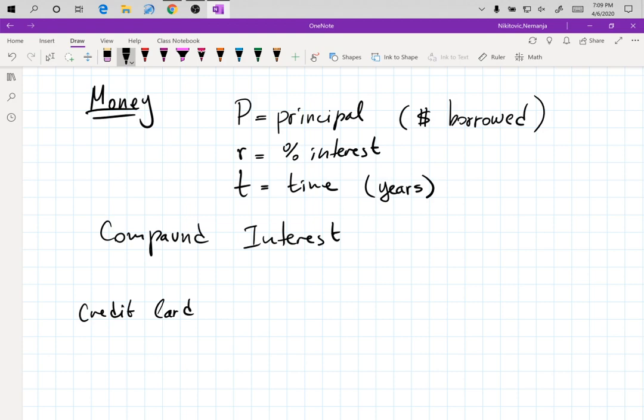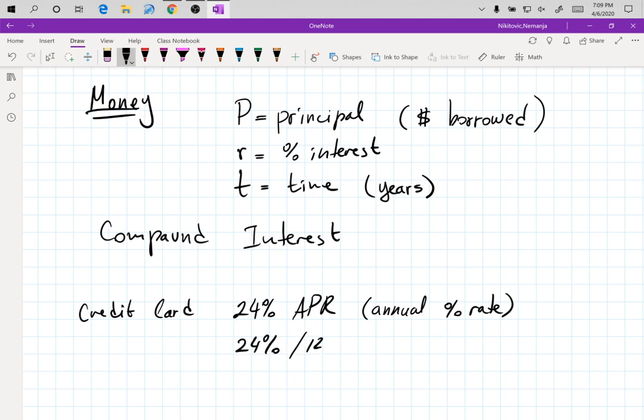Basic credit cards for people that have a somewhat okay credit score and so on would be, let's say for simplicity, 24% APR, which means annual percentage rate. So you divide that 24% by 12 months and you get 2% per month.